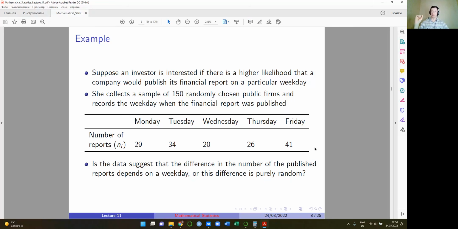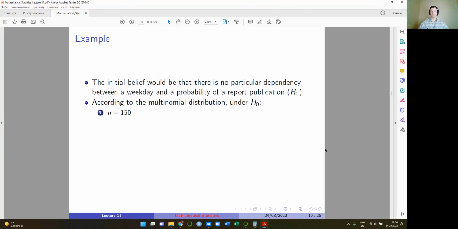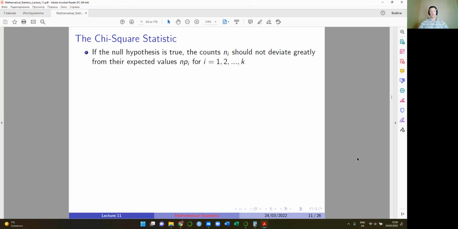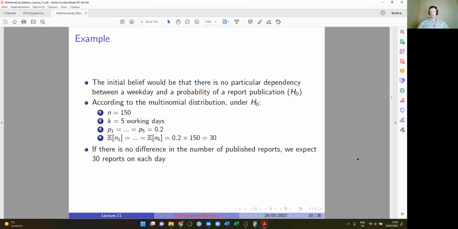If there is no difference in the probabilities of publishing these reports, we expect to observe 30 reports on each day. This is the expectation, right? So, this is the null hypothesis.